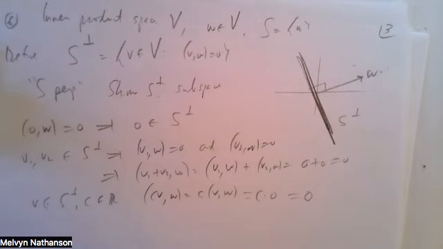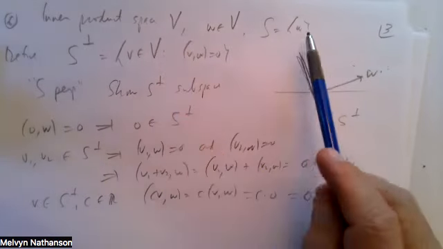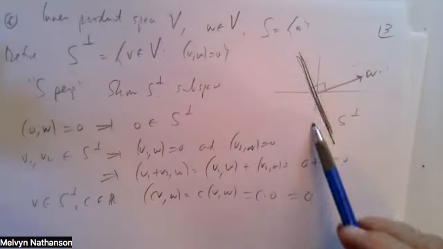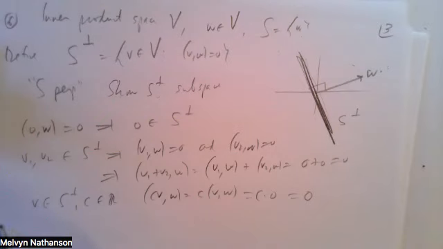And then this is part 1. So this proves that in an inner product space, if you fix any vector and you look at everything perpendicular to that vector, that forms a subspace. And part 2 is to prove S perp is the whole space if and only if the vector W is the 0 vector.